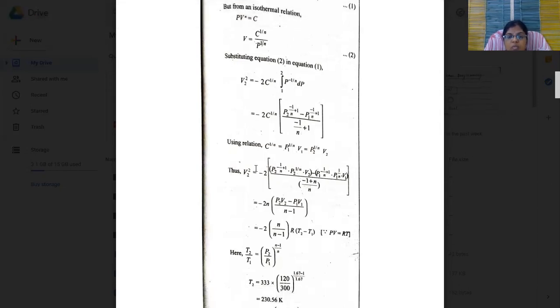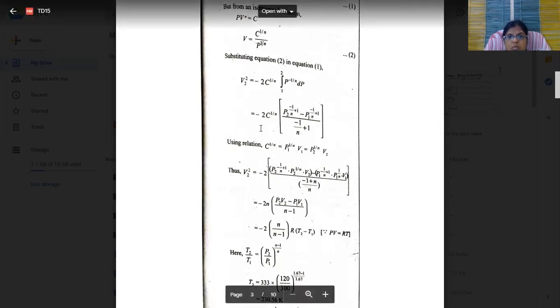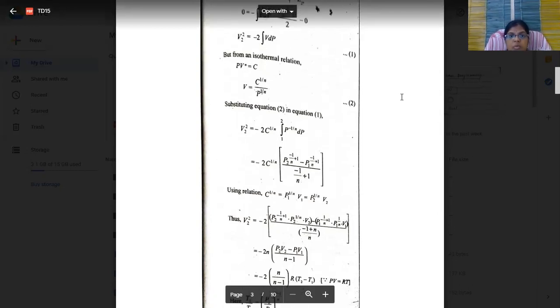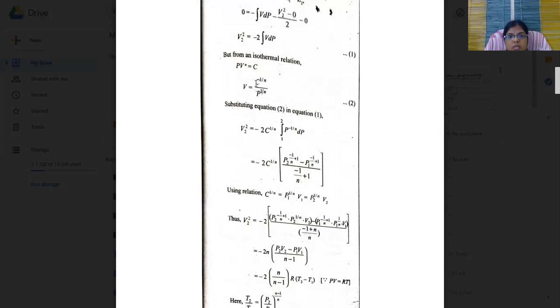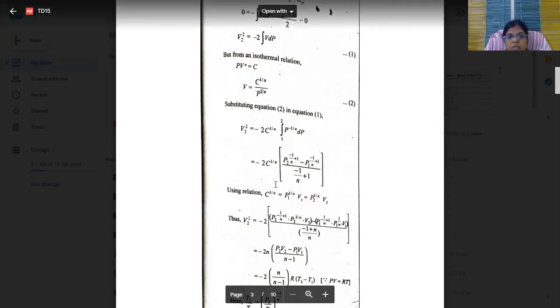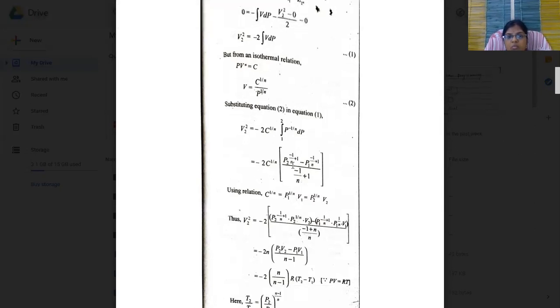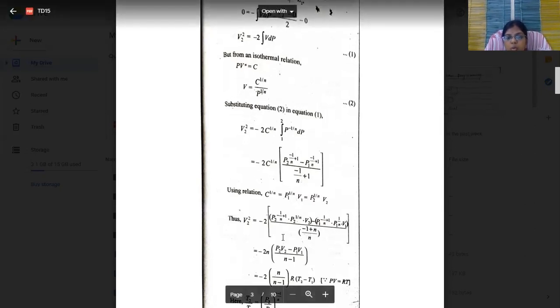So from the PV^n equal to constant equation, how do you write it? C^(1/n) is equal to V into P^(1/n). In the same way, P2^(1/n) into V2, from the above relations.